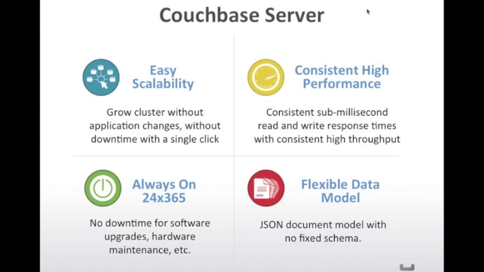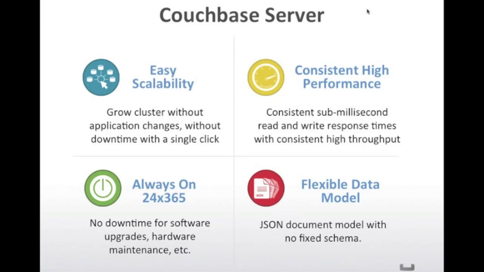At a high level, there are some really strong capabilities that Couchbase provides. One of them is scalability. As you might have experienced with relational database systems, it is really hard to scale out a relational database. You could do it to some extent, but there are a lot of trade-offs involved. One of the main goals for Couchbase is to be able to grow the cluster without requiring application changes and without needing downtimes.